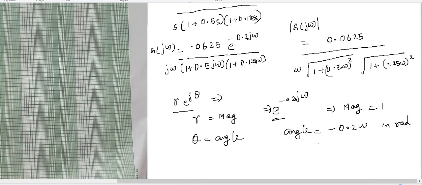We have to convert it into degrees by multiplying by 180 by pi. So the angle of this term will be minus 0.2 omega into 180 by pi degrees.